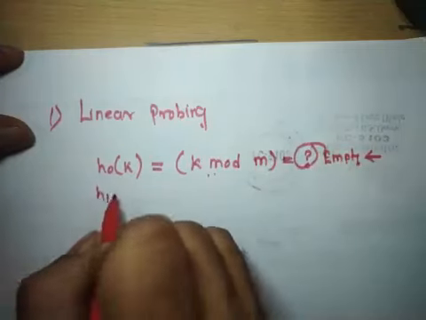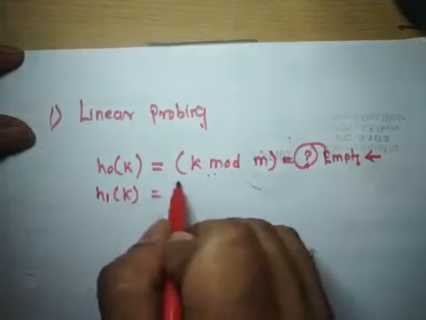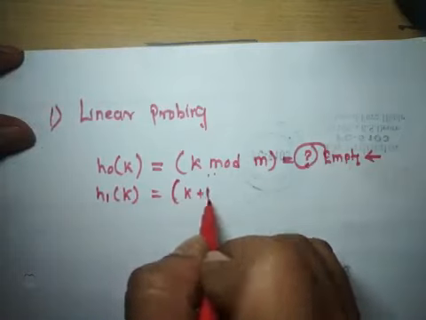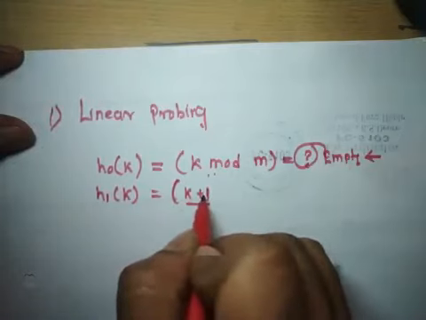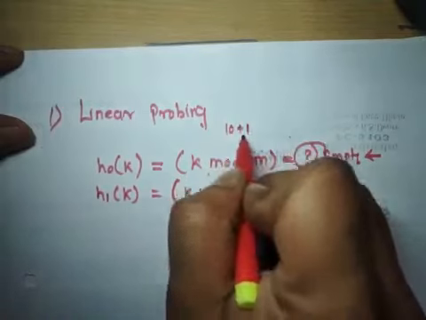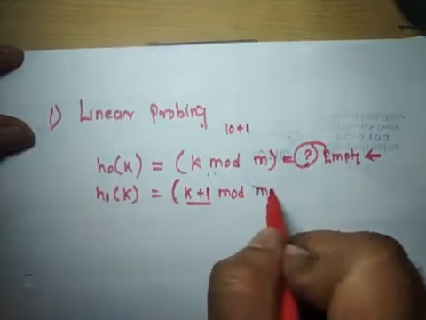We are going to find h1 for the same key. Here we add 1 to the key value. Suppose you have key value 10, so 10 plus 1 is 11, mod whatever size we have.